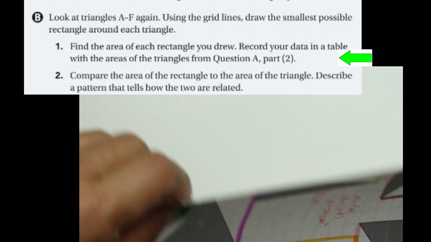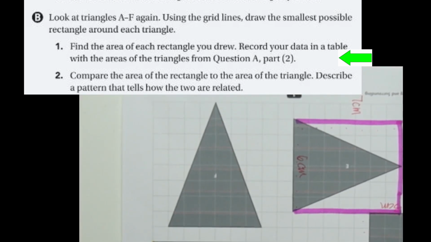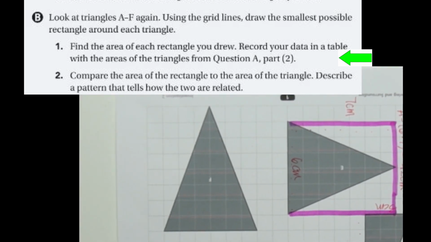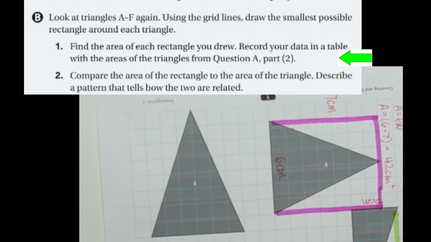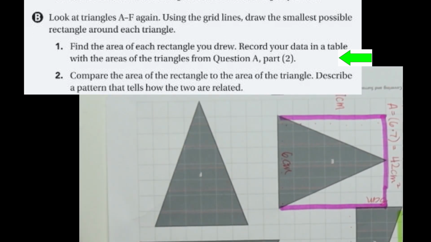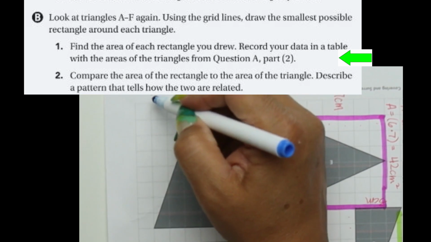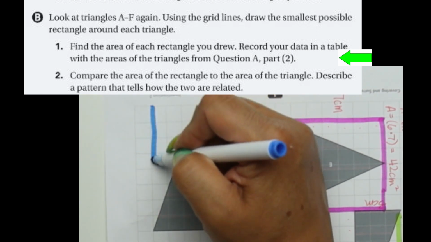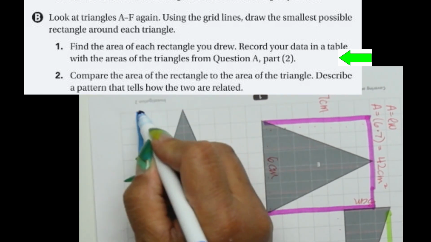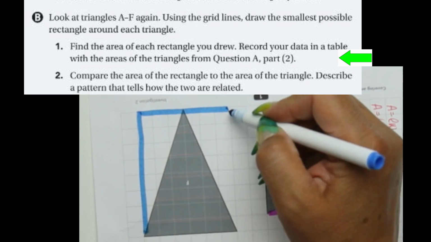So I'm going to look at the last one finally, triangle F, and triangle F has a base that is this way. It's kind of upside down, and I'm going to draw a rectangle around. So the smallest rectangle is from this corner across to this corner.